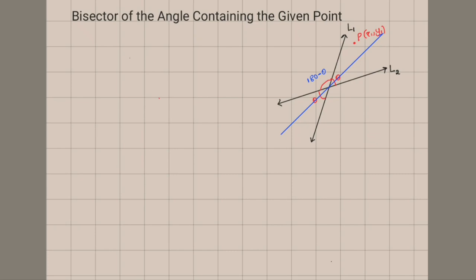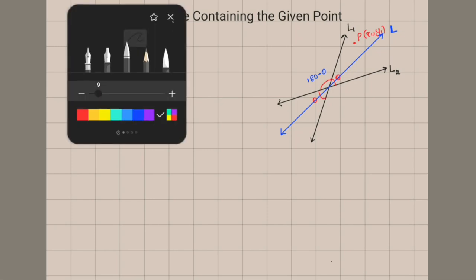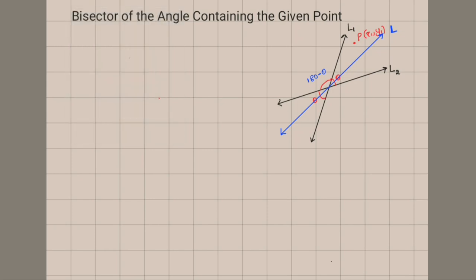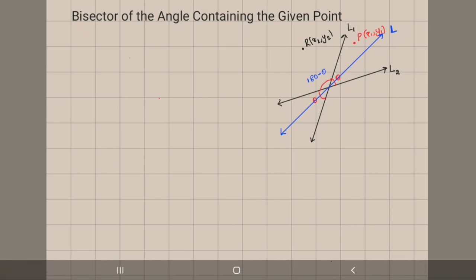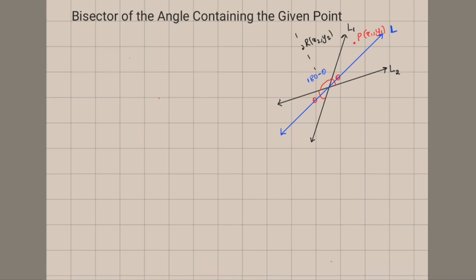Let's say this is some line L. If the question asks to find the bisector containing a point R, which is x2 comma y2 and lies here, then we need to find the bisector of 180 minus theta, which lies somewhere here. So now we need to find the bisector of this theta, which contains the point P.